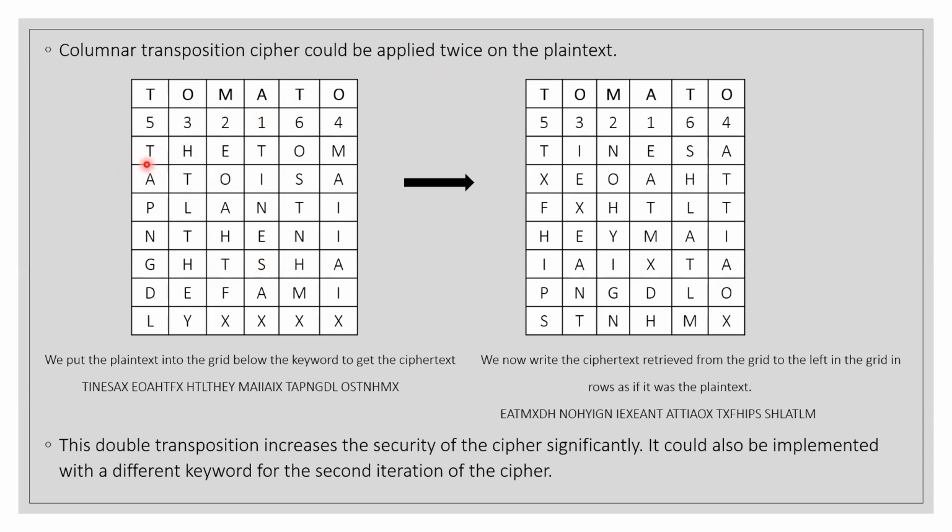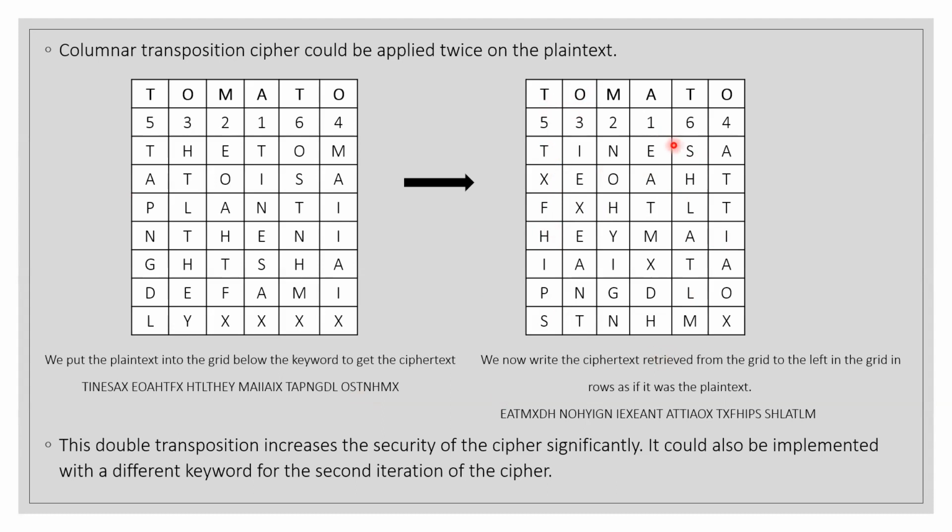So here, when I'm writing this message, the keyword is this, and we are writing the plain text row wise. Then we can get the ciphertext by reading the columns which are numbered in ascending order. Then I can again apply the columnar transposition. But in this case, this ciphertext is now entered row wise as plain text here.